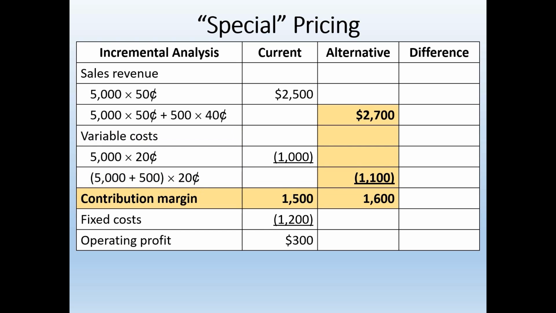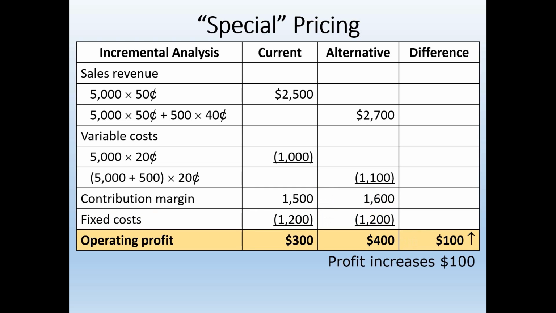Sales revenue minus the variable costs gives the contribution margin. Subtract out the fixed costs, which are not affected by accepting the special order, to get the operating profit. When we compare the firm's operating profit without the special order to its profit with the special order, we can see that the special order increases the firm's operating profit by $100.